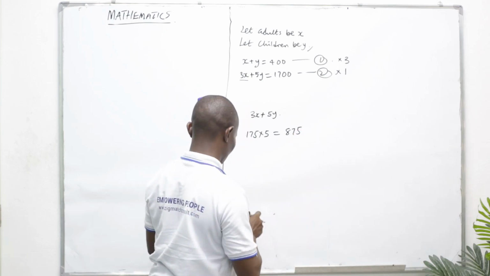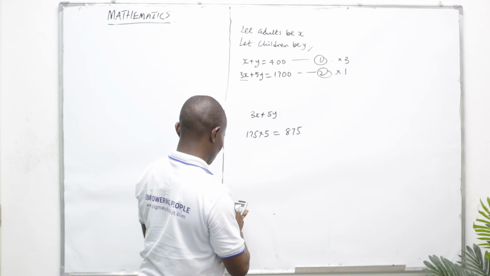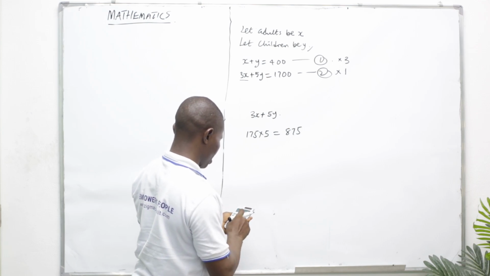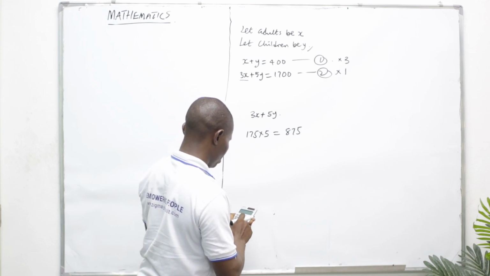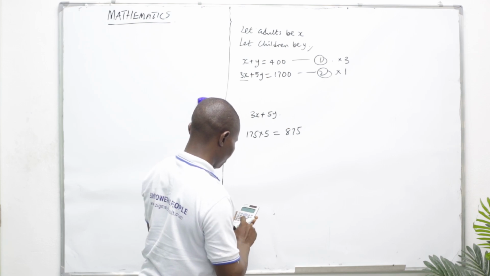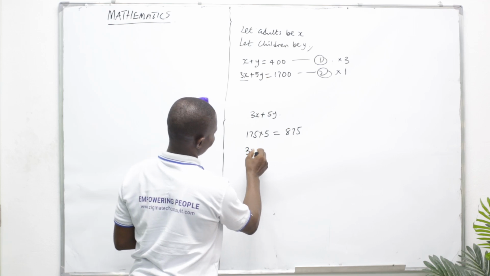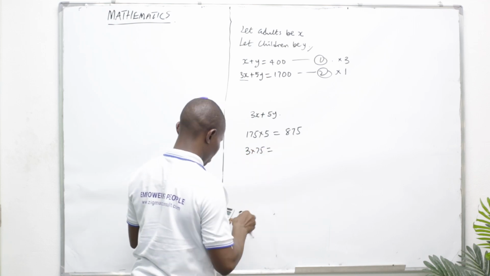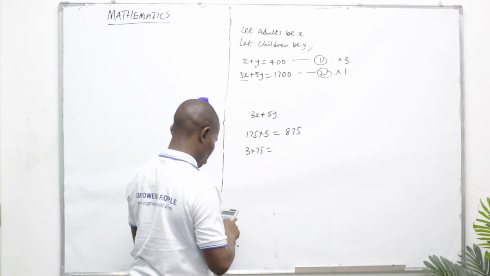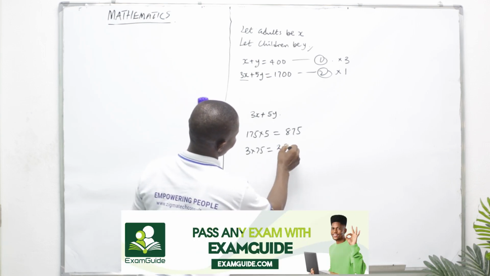Then 250 minus 175 is 75, and 3 times 75 is 225.